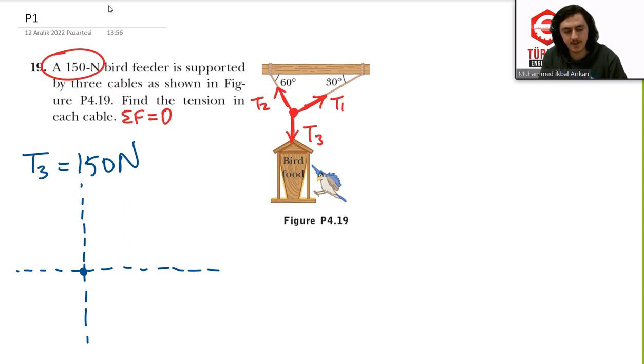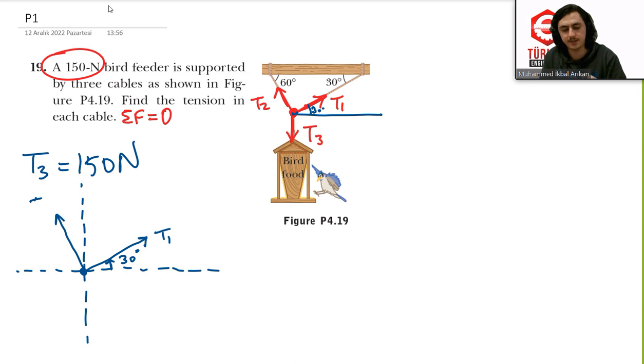I have T1 here in this direction. If you have 30 degrees here, from the Z rule you will have 30 degrees here, because it is between the horizontal and this line, and this angle is also between the horizontal and the same direction. And you have a second vector, tension 2.